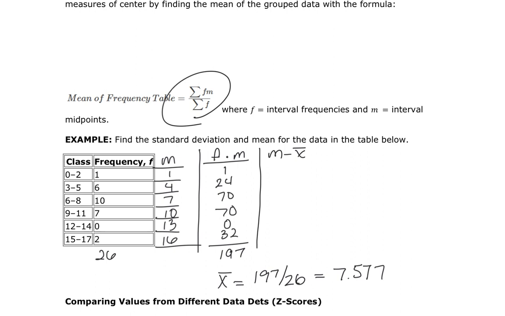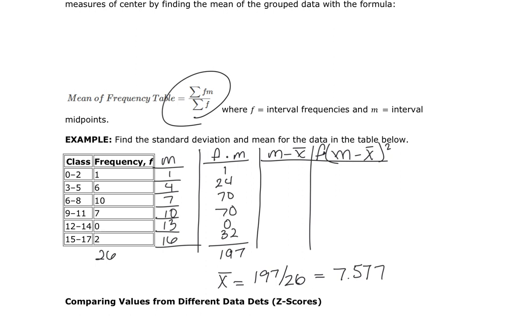Then the other thing I'm going to need is my midpoint minus x bar, the quantity squared, multiplied by my frequency. That's the thing that I really need. So I would add another column in which I'm multiplying my frequency by my midpoint minus my x bar, the quantity squared, where x bar is the mean for the data set.